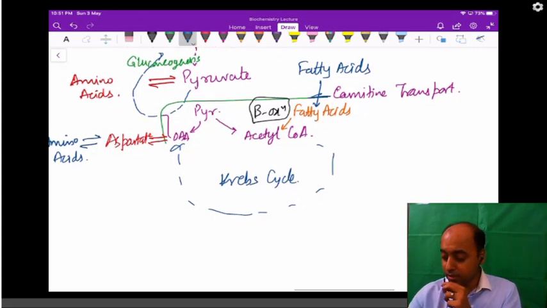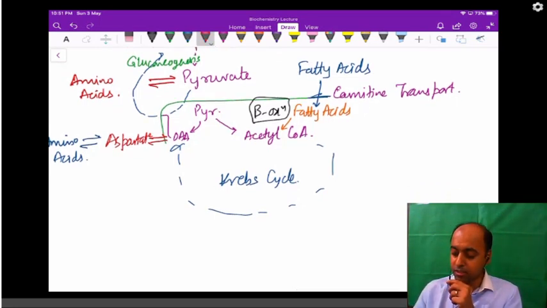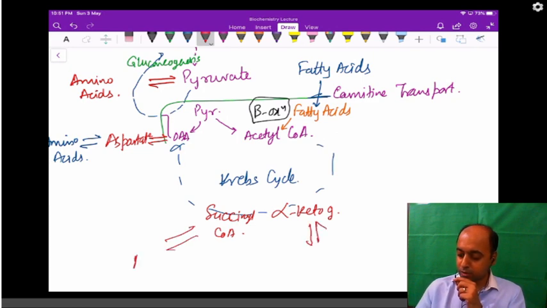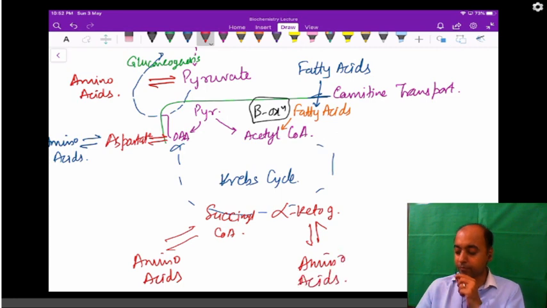The Krebs cycle is again linked at multiple places with the amino acids.